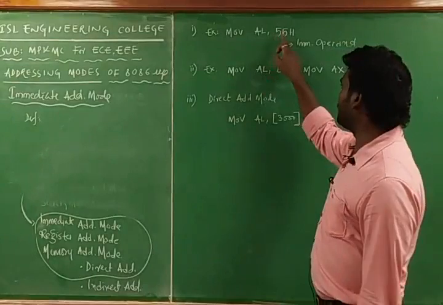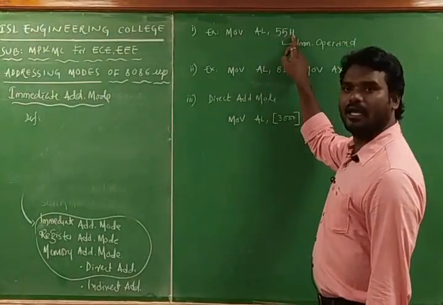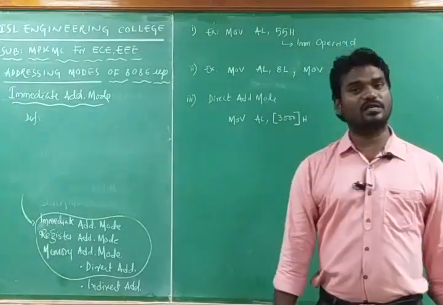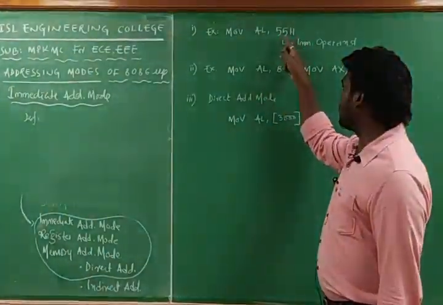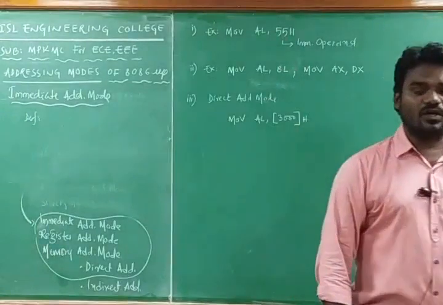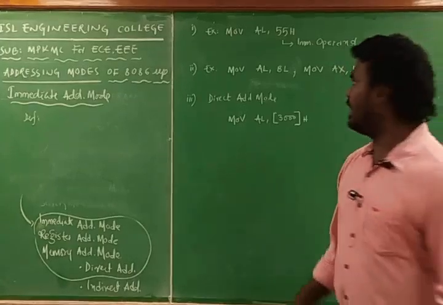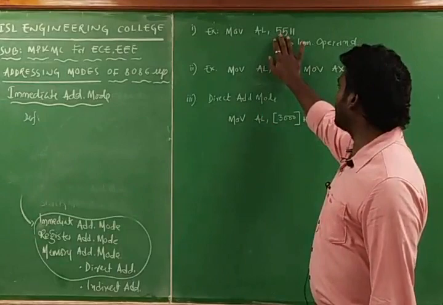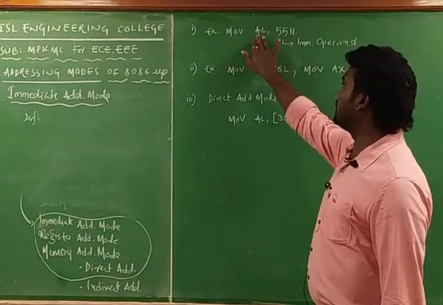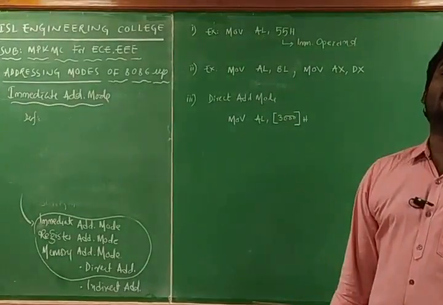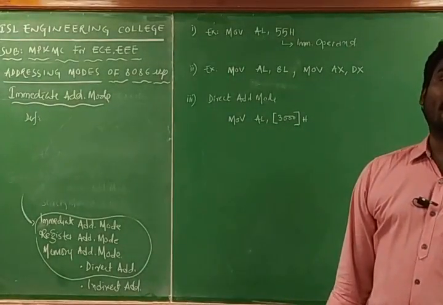That means what? 55H. H is nothing but hexadecimal number, and 5 can be written as 0101, and the other 5 can also be written as 0101. The two hexadecimal digits are written in binary form. Each digit can be replaced with 4-bit binary. It is an 8-bit binary number now, and it will move to AL. AL is nothing but the accumulator register's lower byte.